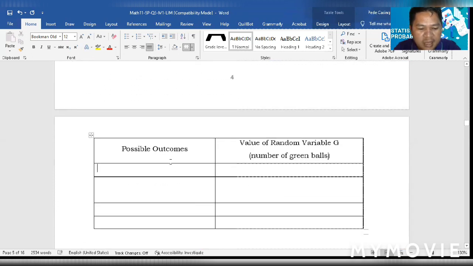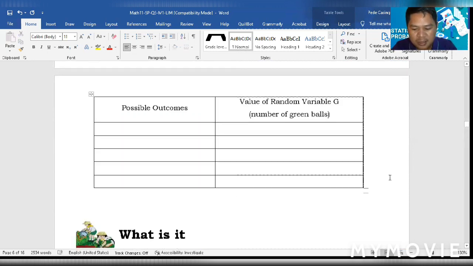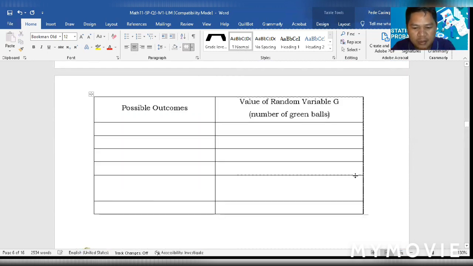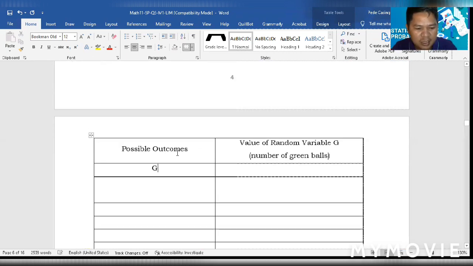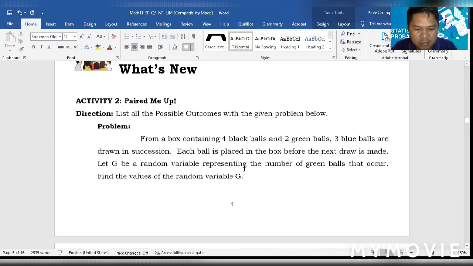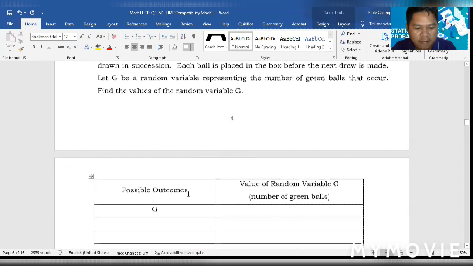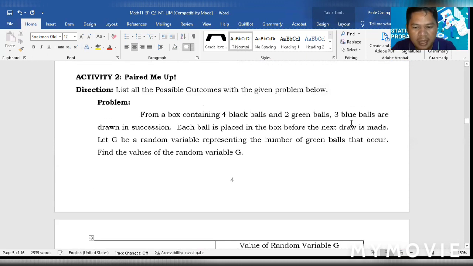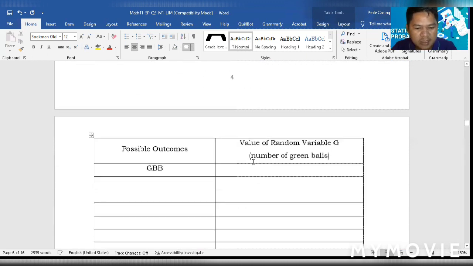So you can use the same procedure from our Activity number 1. You write or list all the possible outcomes. So we have 1, 2, 3, 4, 5, 6, 7, 8. For green balls you can write G, and for black balls we have B, and for blue balls we have B. So a possible outcome is GBB.